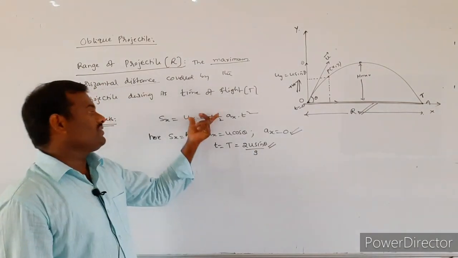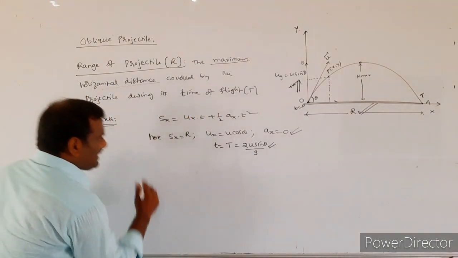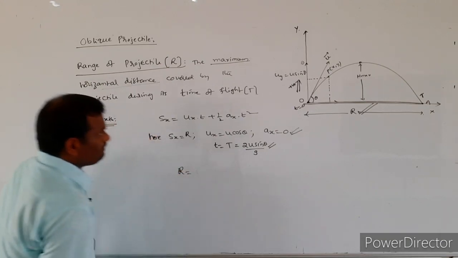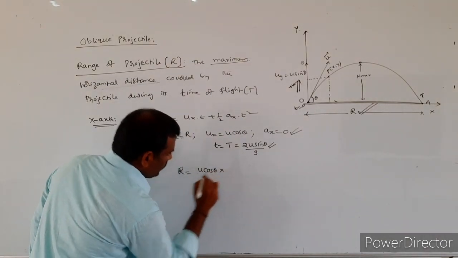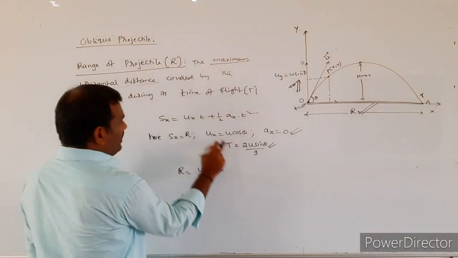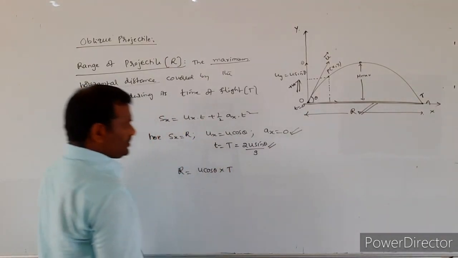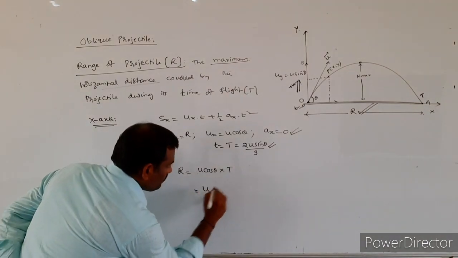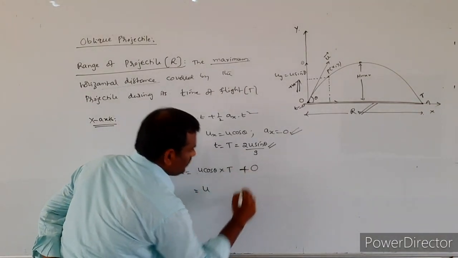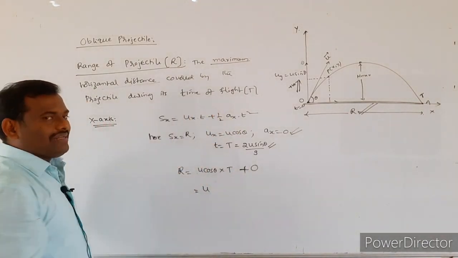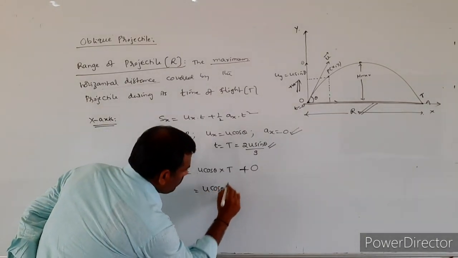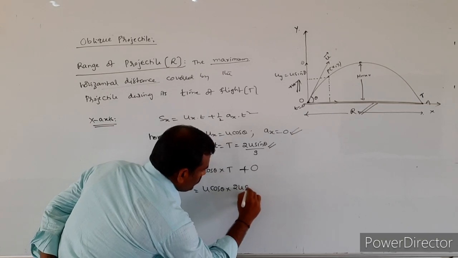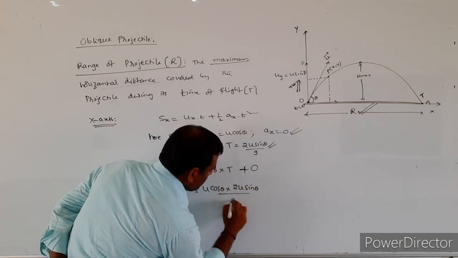Simply substitute these values in the above equation. In the place of Sx, R is equal to u cos theta into T, plus 0, since ax is 0.